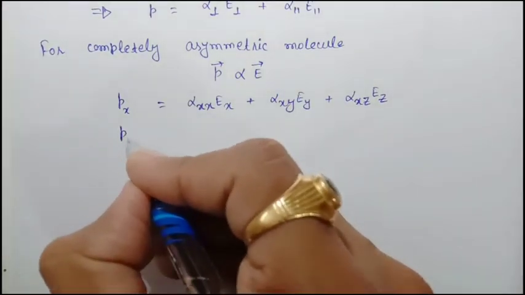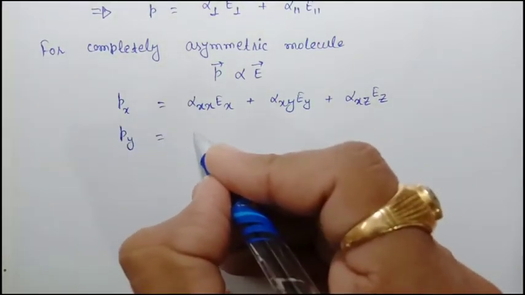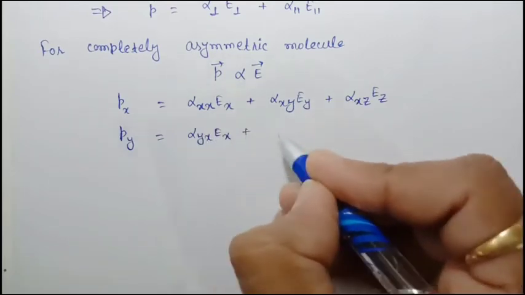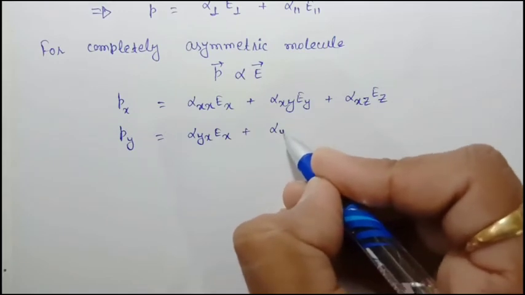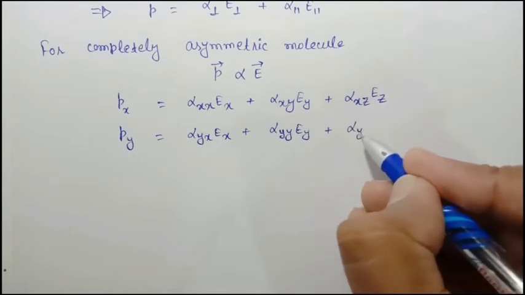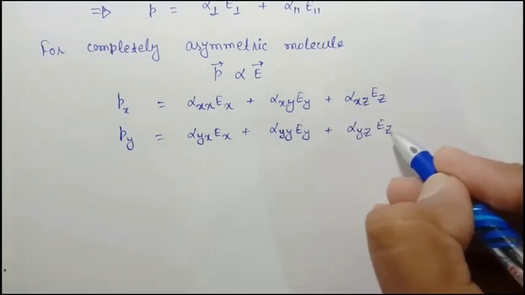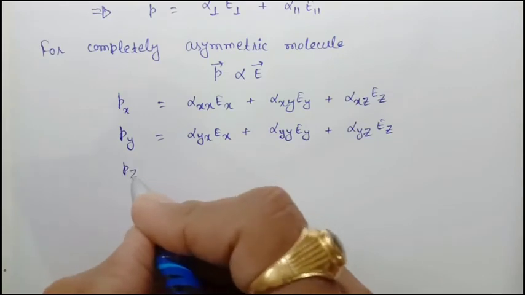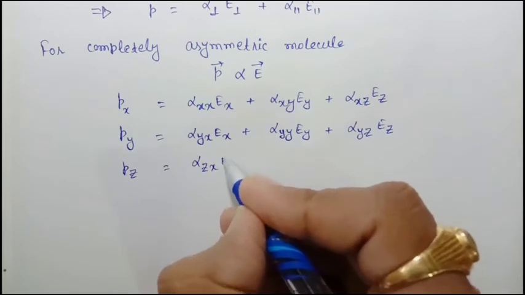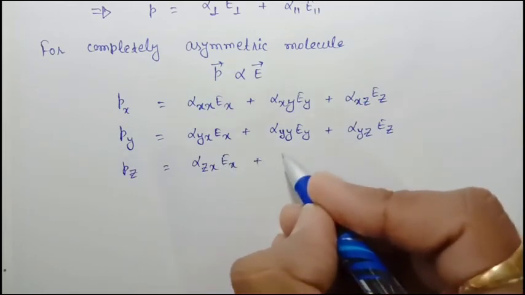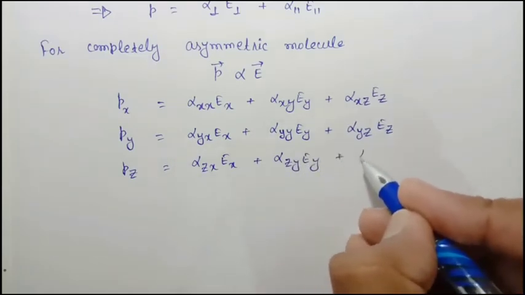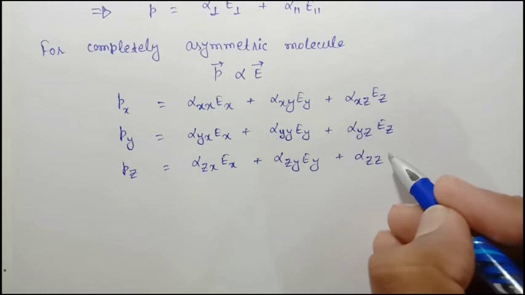Similarly, Py equals alpha yx Ex plus alpha yy Ey plus alpha yz Ez, and finally Pz equals alpha zx Ex plus alpha zy Ey plus alpha zz Ez.